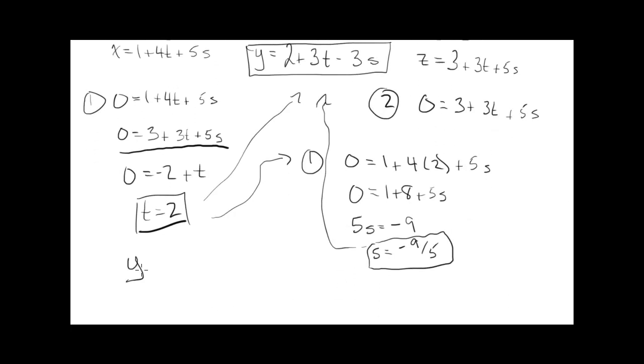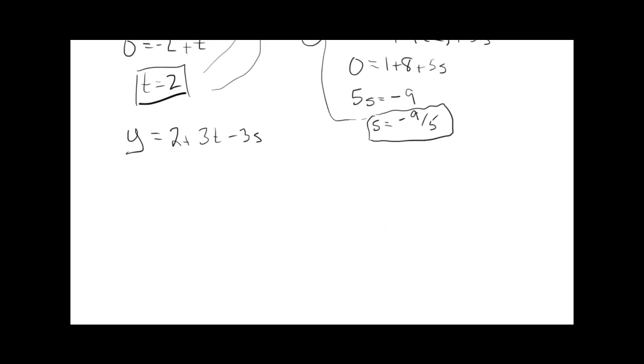So y is equal to 2 plus 3t minus 3s. So let's see if I can get this done in time. 2 plus 3 times 2 minus 3 times -9 over 5. 2 plus 6 plus 27 over 5.